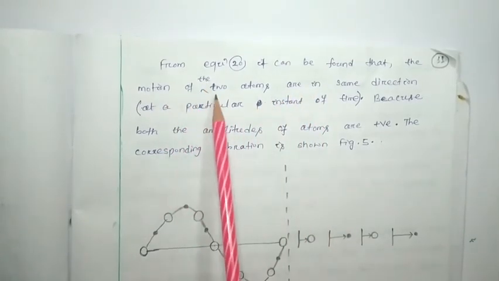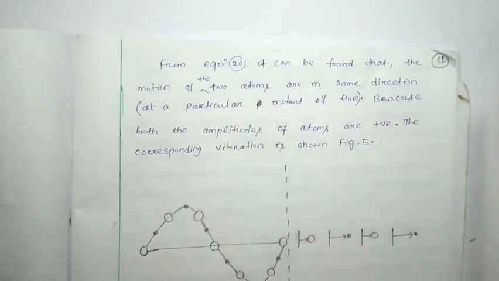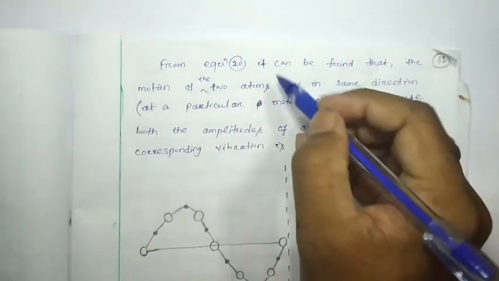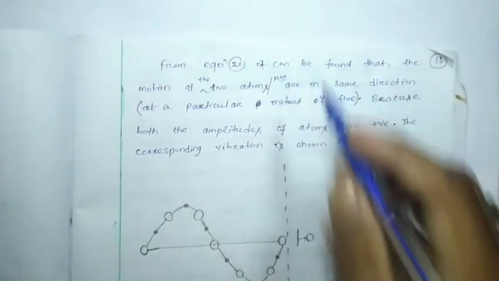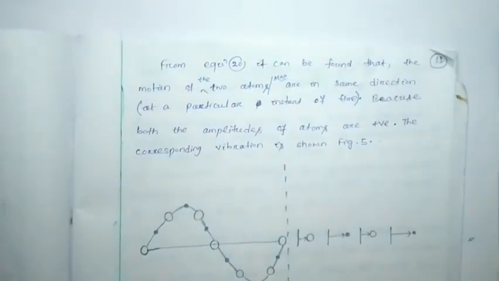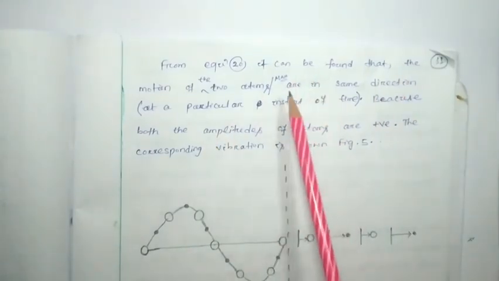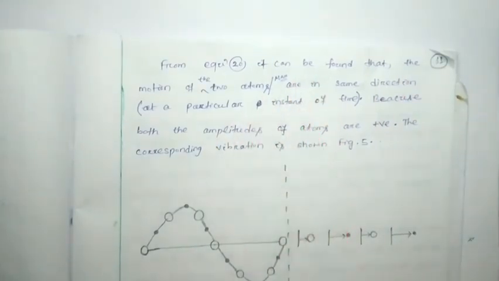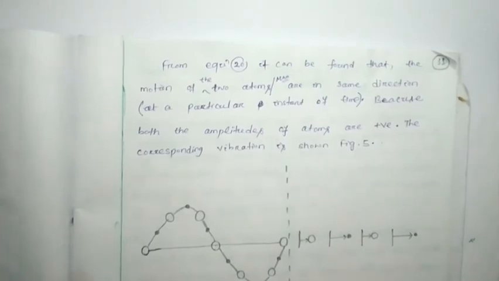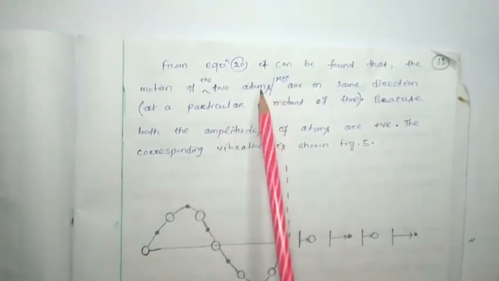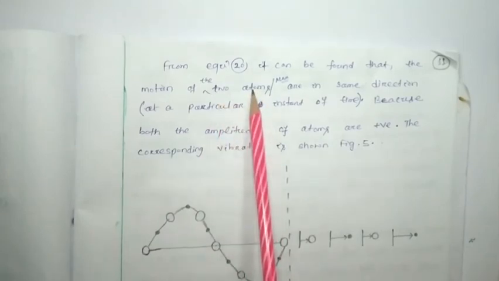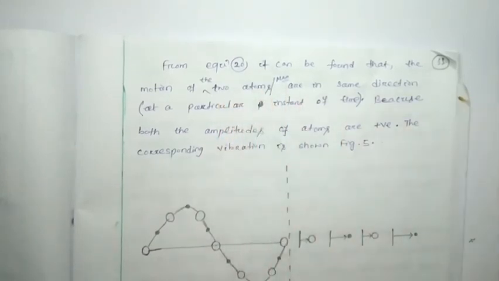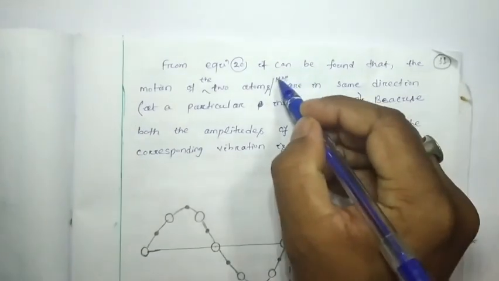Here I wrote two atoms or two masses, you can say, no problem. One is a small mass and another is a heavier mass. I wrote the same thing in the previous one itself. So just consider that the two atoms belong to different masses, one is heavier and one is lighter.